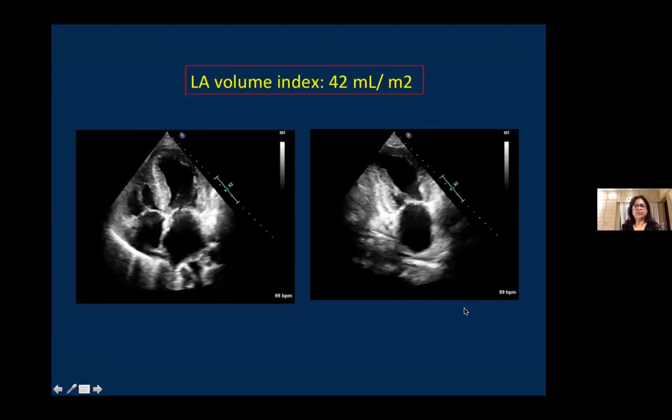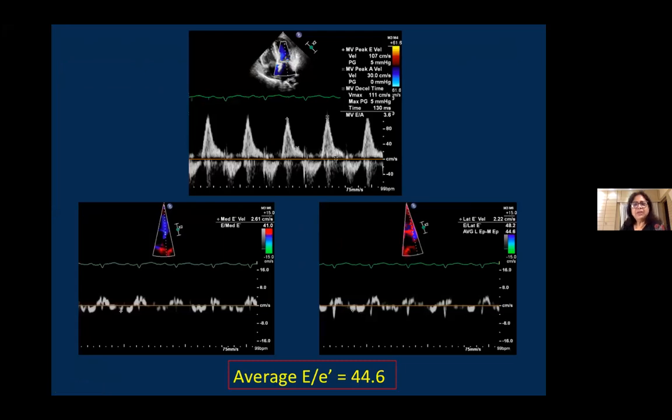And we also look at the LA volume index, which was 42 ml per square meter from the biplane method, 4-chamber and 2-chamber. And we also see the average E by E prime. Look here, E wave velocity is 107 centimeter per second, whereas E prime velocity at the septal annulus is only 2.61 centimeter per second.